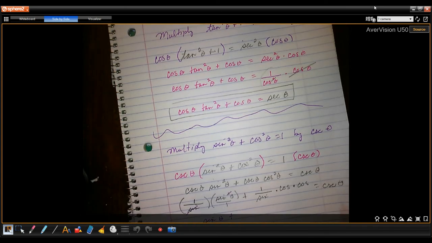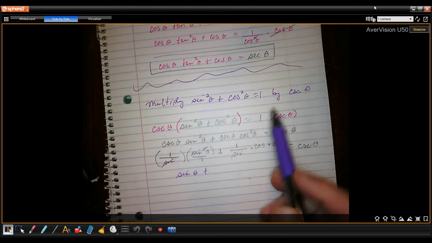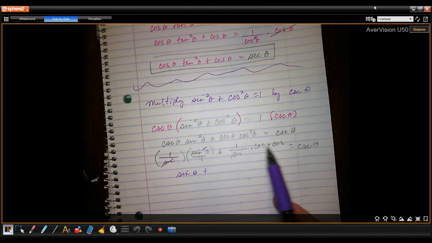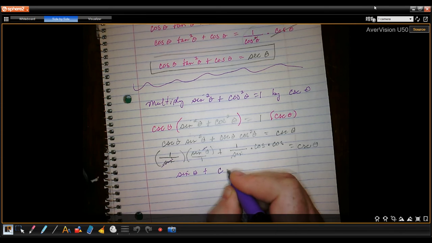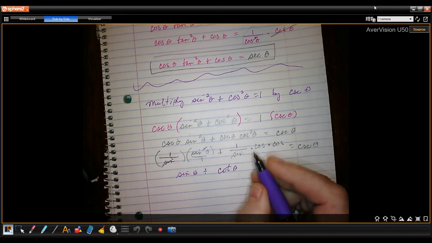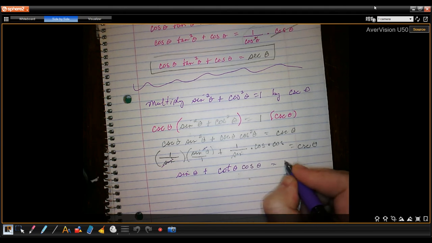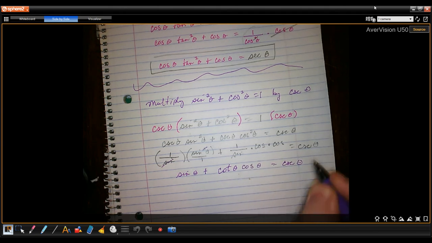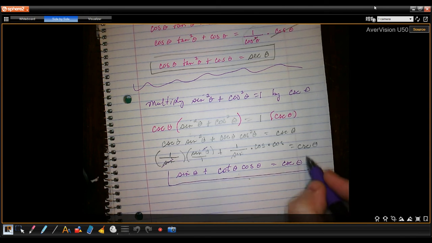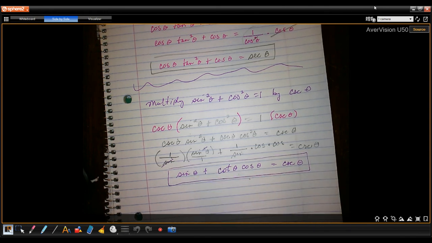So you can separate that cosine squared into 2 like that if you want. Because cosine over sine is cotangent, and then times cosine is left over, and all this equals cosecant theta. Okay, so sine theta plus cotangent cosine theta equals cosecant theta.